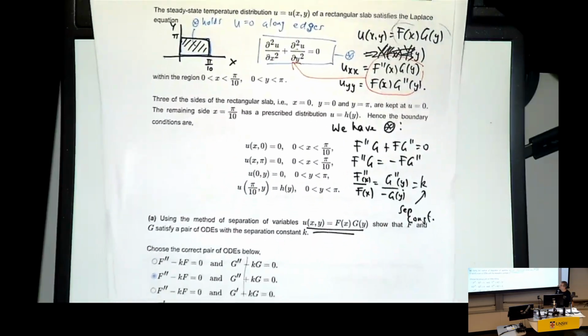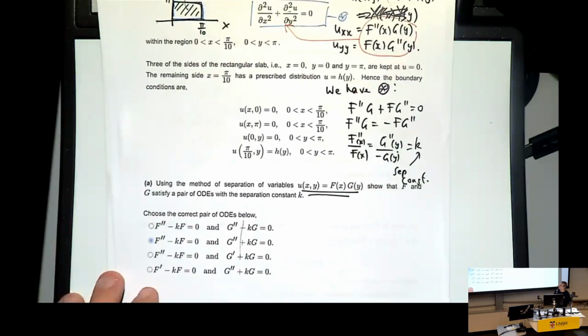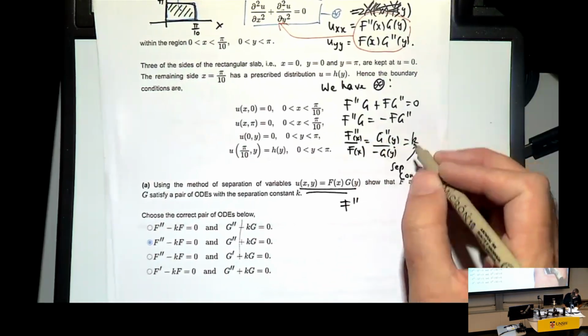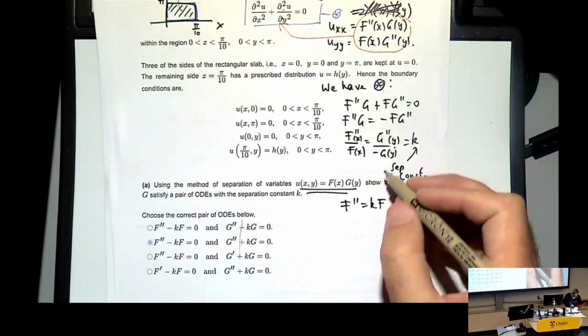All right. So now we have a challenge. And it's quite a nice question. It's a multiple choice, right? You can guess at the very worst case scenario. Choose the correct pair of ODEs that F and G satisfy. Well, if I'm going to pull these apart, let's use this K. And so F double prime equals KF.